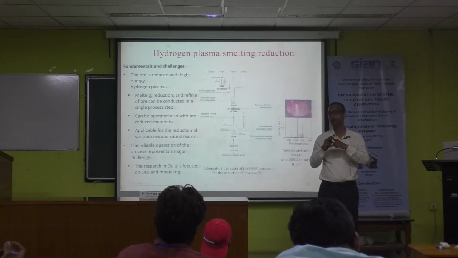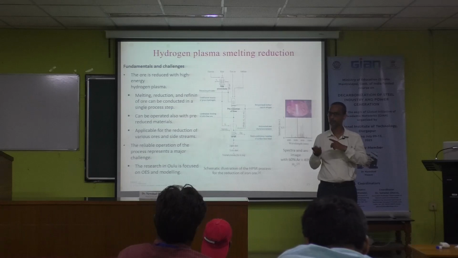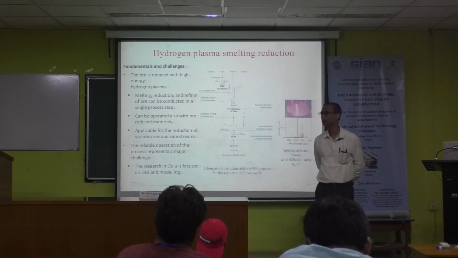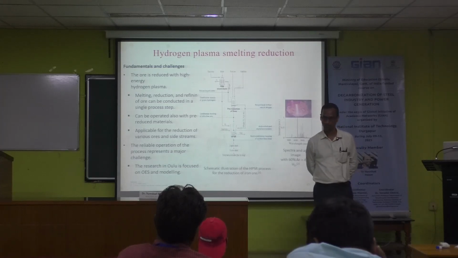Number one. Number two, hydrogen as a reductant. Then what is the difference between the reduction with normal hydrogen, or DRI making, sponge minus HDRI, and the role of hydrogen in the plasma state?